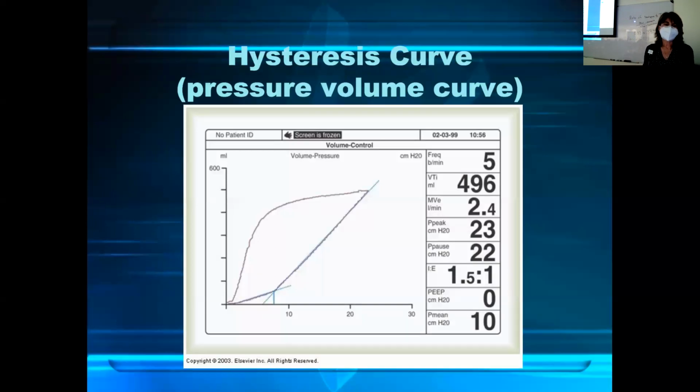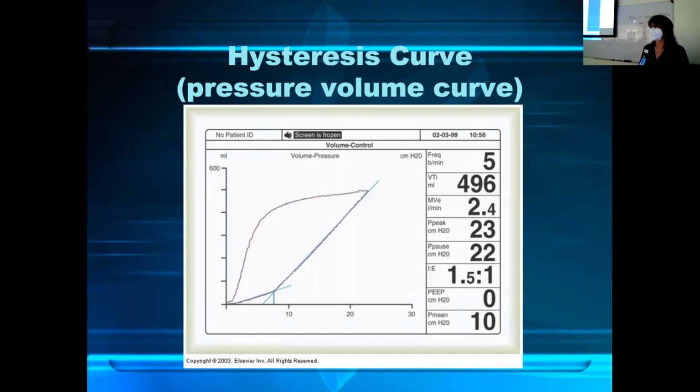All right, this is a single breath of air going into the patient's lungs. It's looking at the pressure while the tidal volume is going into the lungs. And it's called a hysteresis curve. The reason it's called hysteresis is because the pressure that builds when the air goes in is different than the pressure when the air is coming back out again.